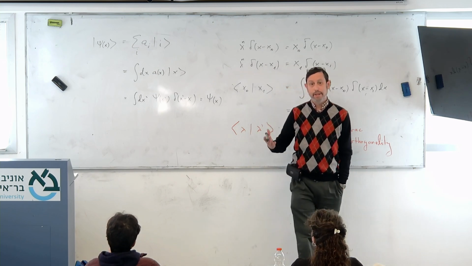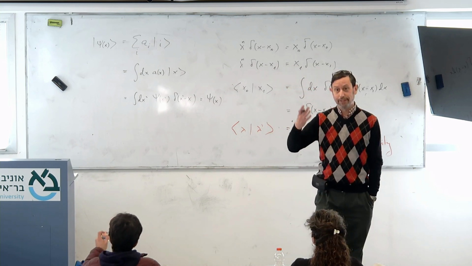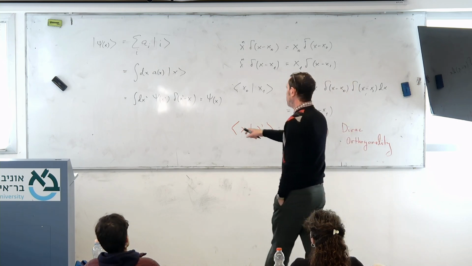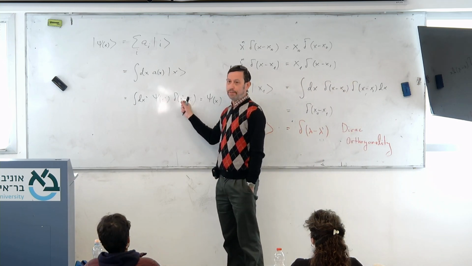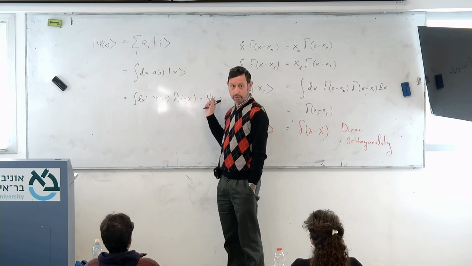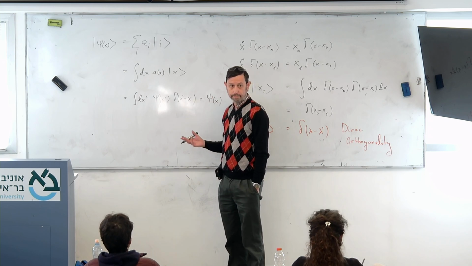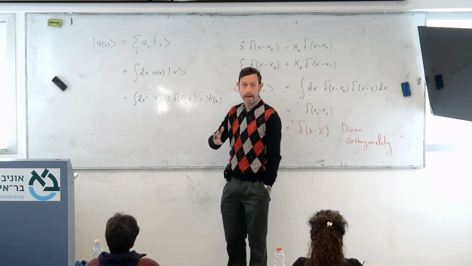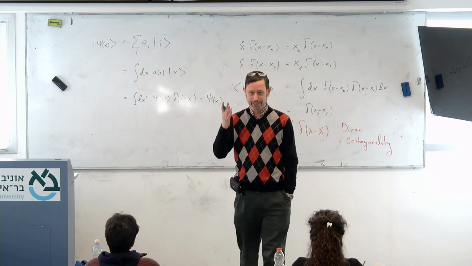I want to know the amplitude of the wave function at a point, I'm actually integrating over an infinite number of delta functions over the whole space in order to get the psi of x, which is the amplitude of the wave function.